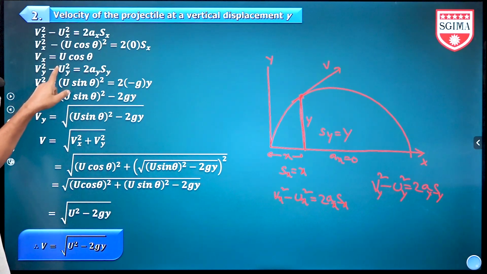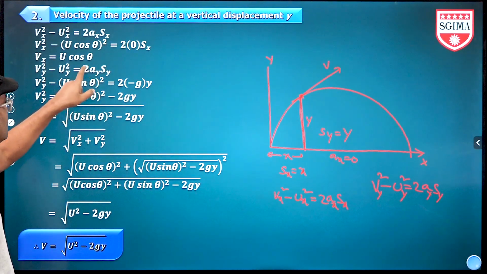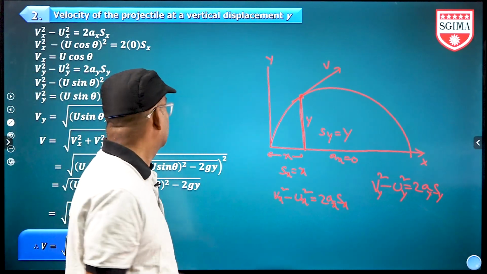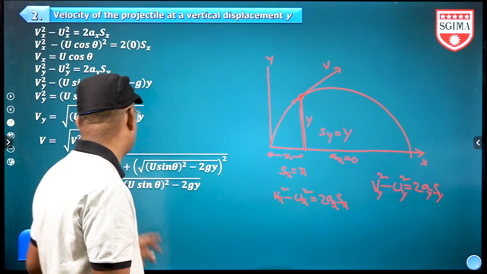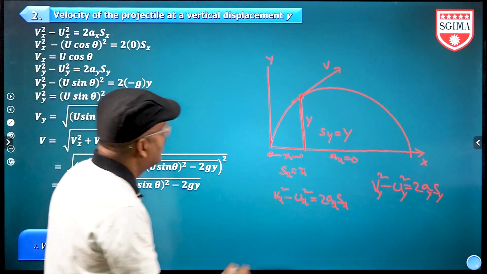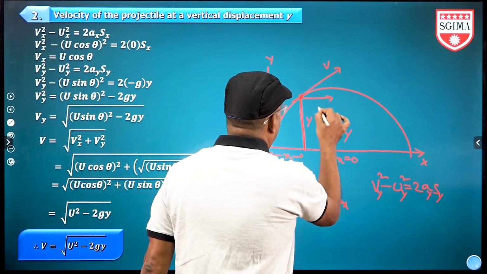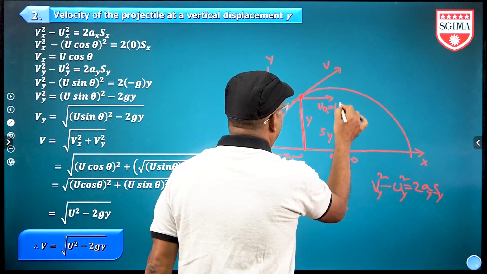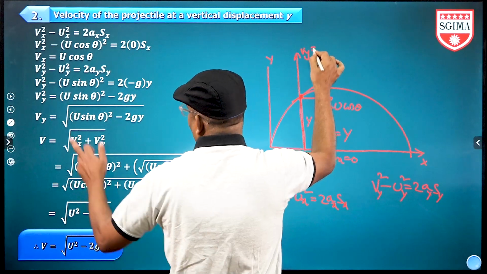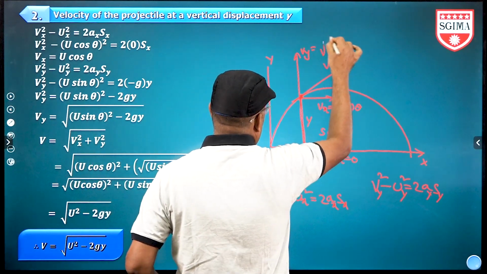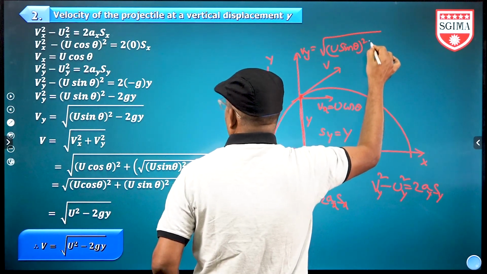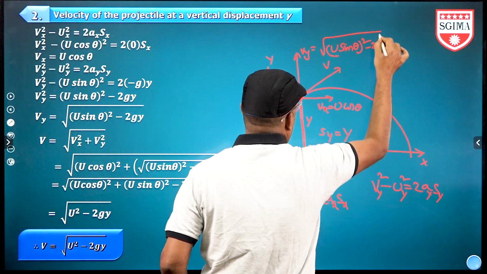Vy square minus (u sin theta) whole square is equal to 2 into ay, which is minus g, into sy, which is y. I am substituting that. Then I got here vx, that vx is u cos theta, and vy is root of (u sin theta) whole square minus 2gy.